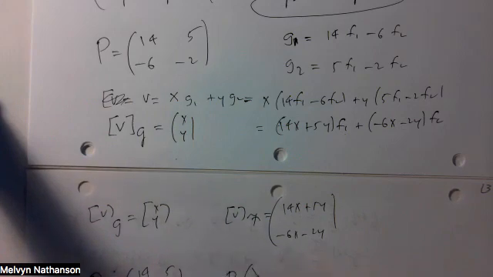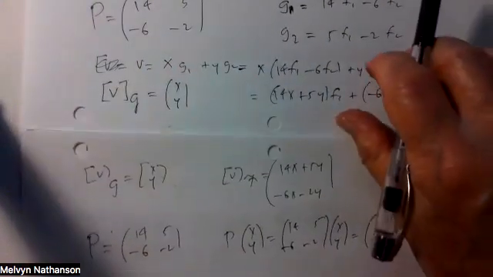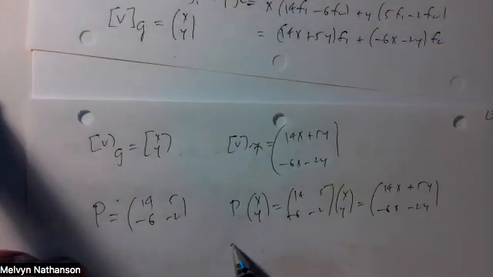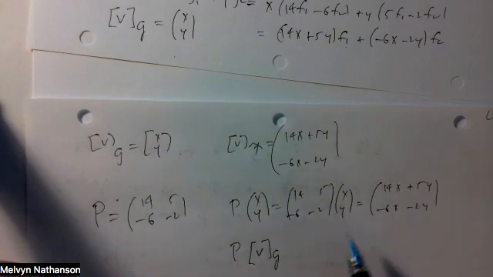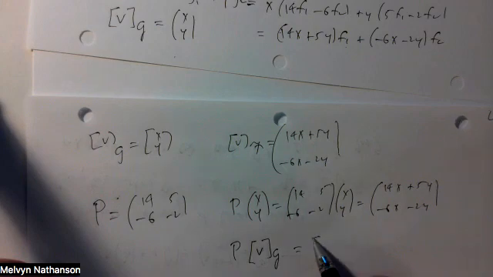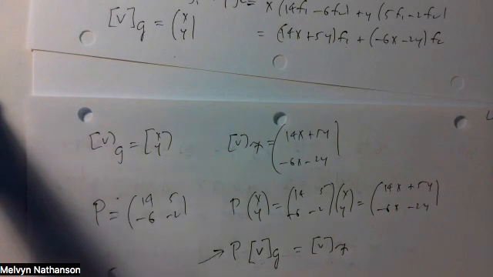Now, if we remember, we had the matrix P, which is 14, minus 6, 5, minus 2. So P times the vector xy, that's 14, 5, minus 6, minus 2 times xy, is equal to 14x plus 5y, minus 6x minus 2y. So in terms of these coordinate vectors, if I take the matrix P times the coordinate vector for V with respect to G, I get the coordinate vector for V with respect to F. So P is the change of basis matrix.